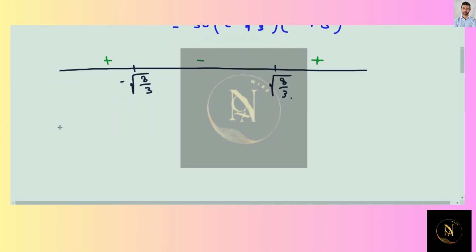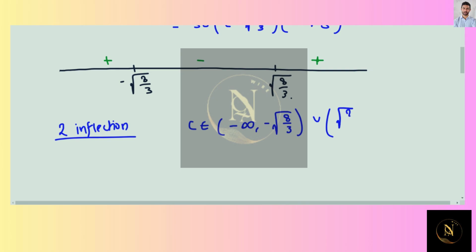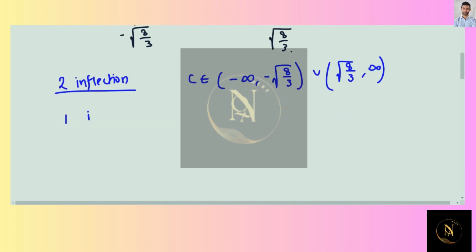So for two inflection points, the range of c is going to be negative infinity to negative root 8 over 3, union root 8 over 3 to infinity. For one inflection point, the discriminant must be 0.